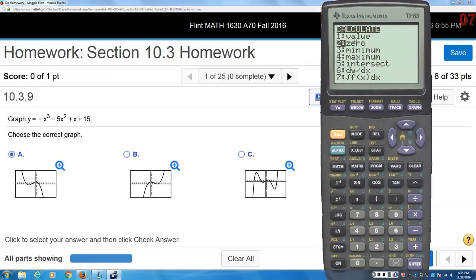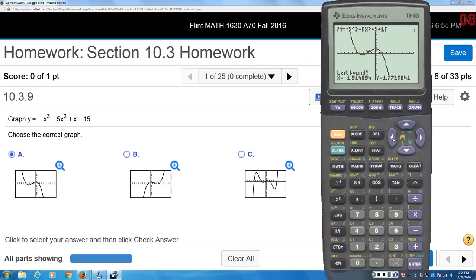So you said the zero finds the x-intercept. So I'm going to choose zero. And the first thing it asks you is, where is the left bound? Where do you want me to start looking for a value of an x-intercept? And I'm going to find them in order, so I'm going to find this one first. What it wants me to do when it says left bound is move that cursor with the left arrow key.